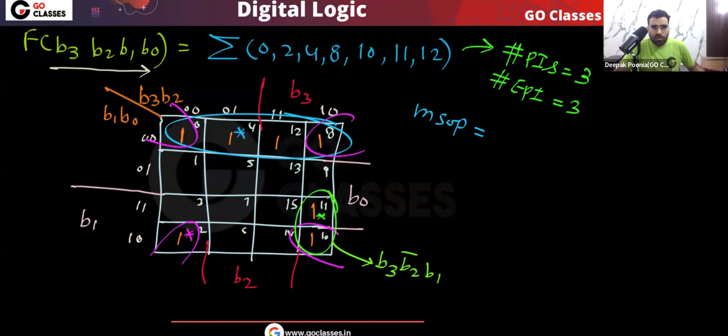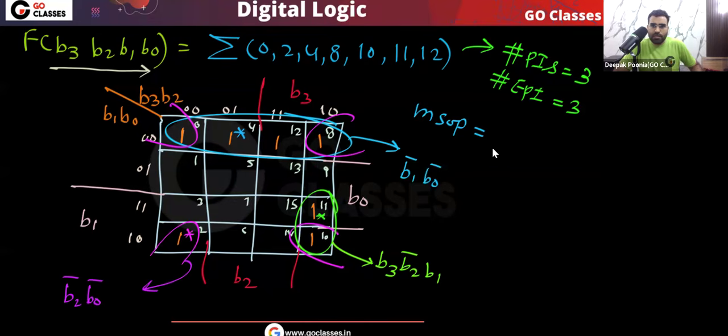Okay. What about the corner PI? What will be the product term? This is in the area of B2 bar, B0 bar. Okay, B2 bar, B0 bar. And what about this blue PI? What will be the product term? This is in the area of B1 bar and B0 bar.